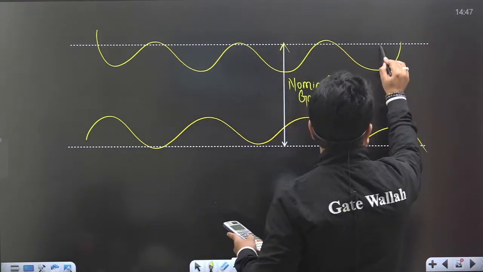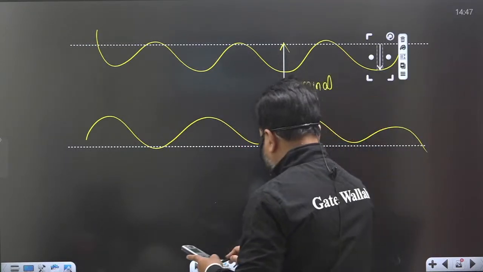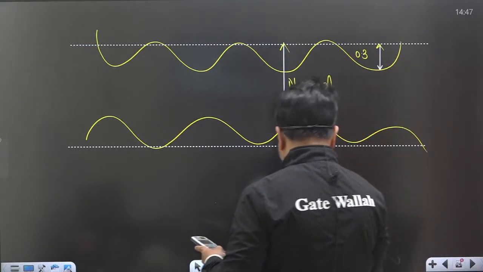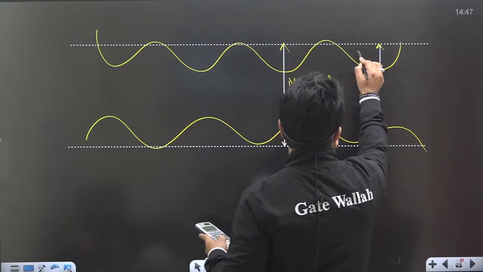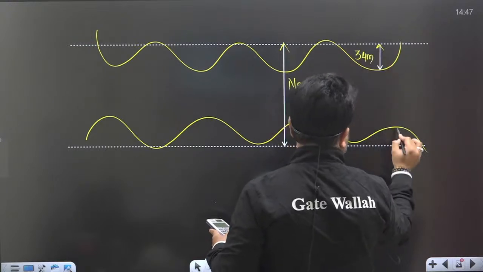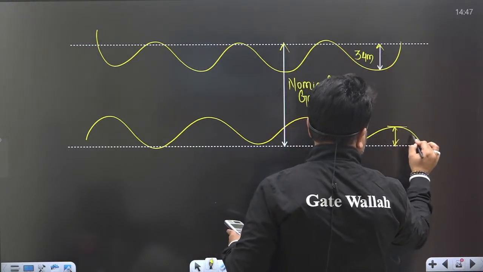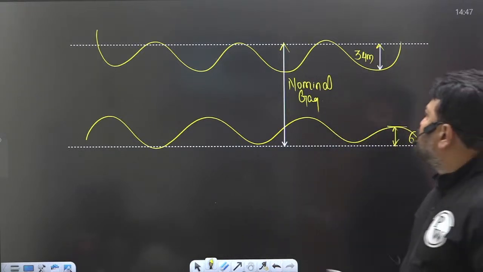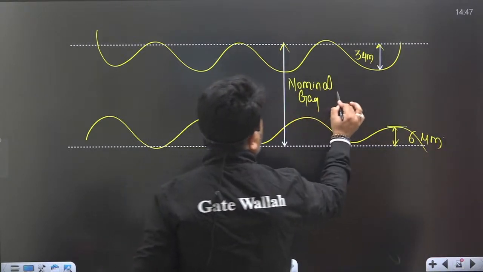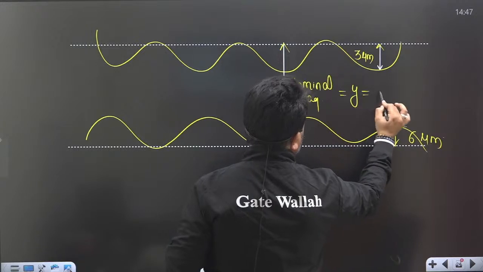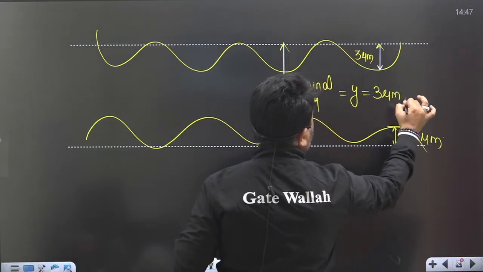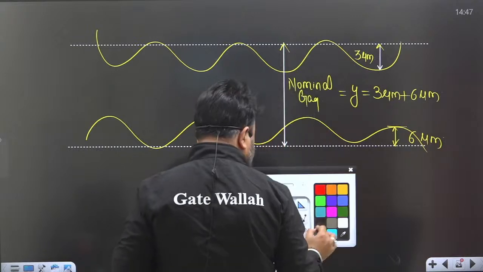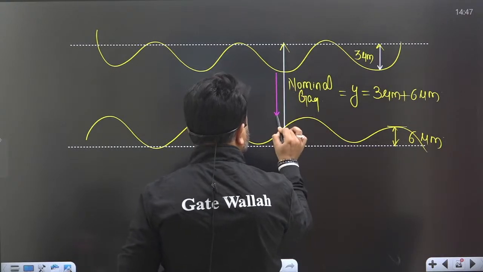Now from here to here, the value is 3 micrometer, and from here to here it is 6 micrometer. So the nominal gap, that is the inter-electrode gap, is 3 micrometer plus 6 micrometer, and the rest of it is this.